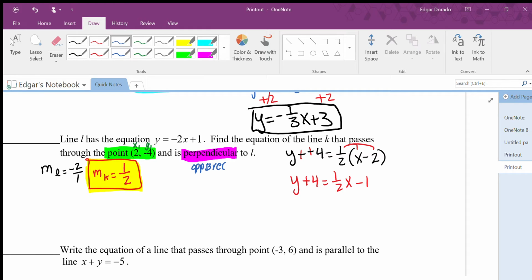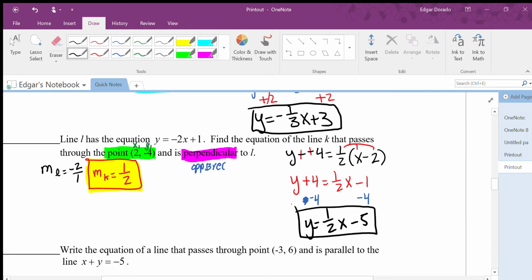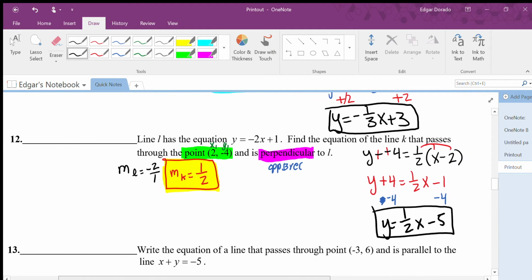Last thing I need to do is get the y out there. So I have to get rid of the 4 by subtracting 4, for a final answer of y equals 1/2 x minus 5. So this is the equation for this new line k that we wanted. And I'm going to go ahead and rewrite it on the line.